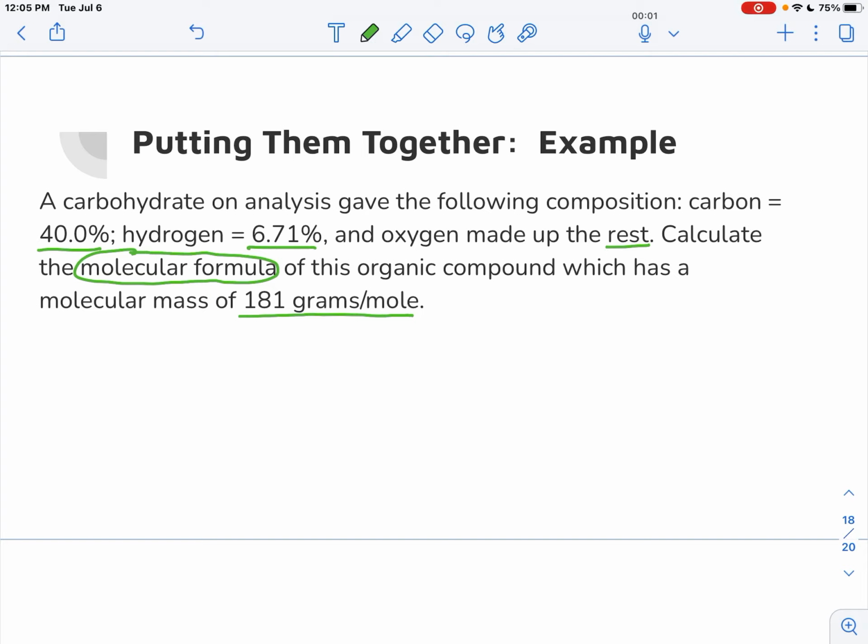So we have carbon, hydrogen, and oxygen. So we're going to do our 2-factor problems to get our moles of each one of those elements.